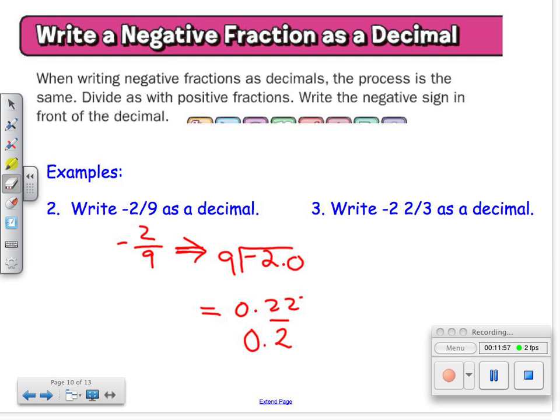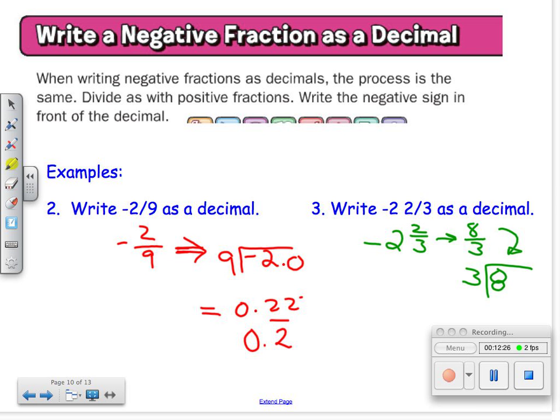Okay, let's try this guy, -2 2/3. Well, we have a mixed number here. The first thing we're going to do is change that into an improper fraction. 3 times 2 is 6, plus 2 is 8/3. And now we're going to think, okay, that's 8 divided by the denominator 3.